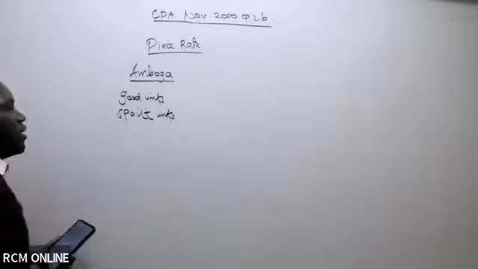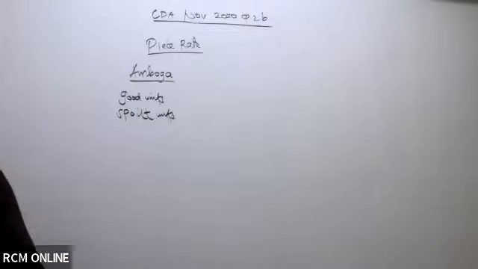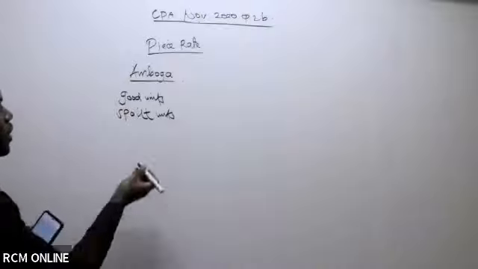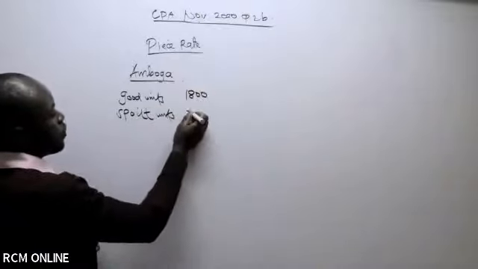Can someone give me good units for Amboga? Total is 2,000, spoiled is 200, so good units is 1,800. Then spoiled is 200 units.